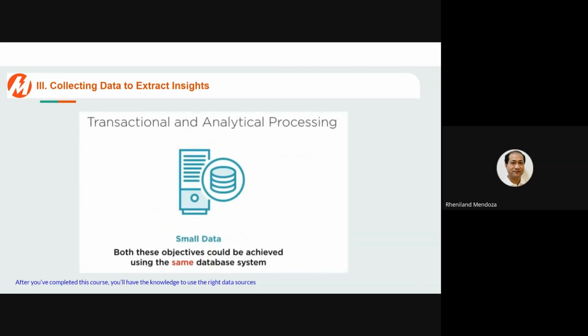Now, back in the early 2000s, both of these transactional and analytical processing objectives could actually be achieved using the same physical database system, because data wasn't very large then.